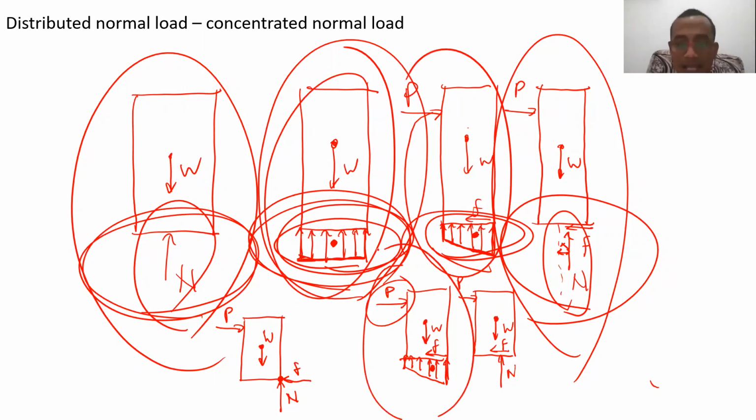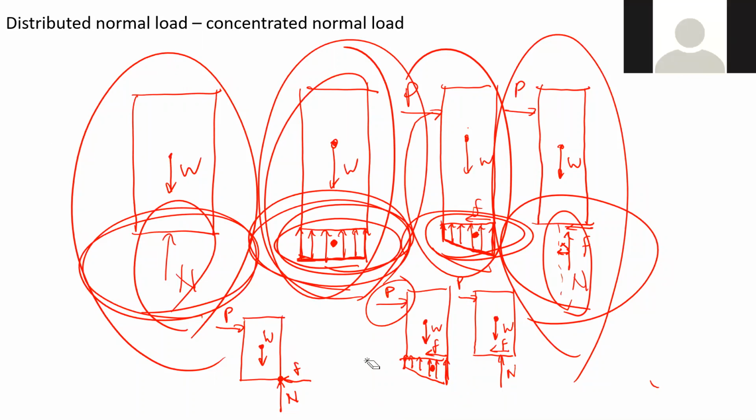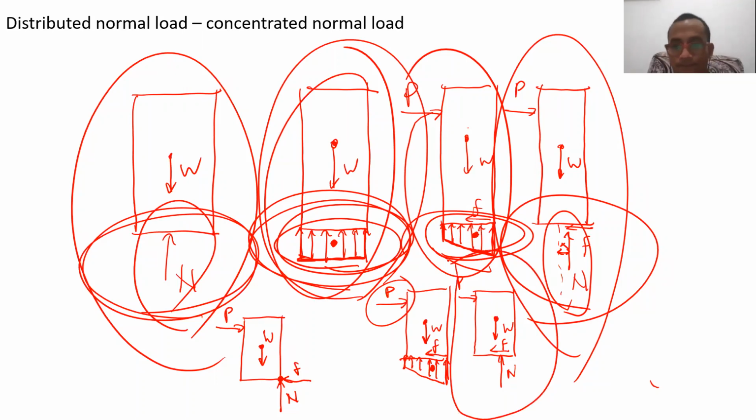But for simplification, it is better for you to just draw it this way. Just draw the distributed normal force and the distributed friction force at one particular point, which is at the COG of the distributed force.